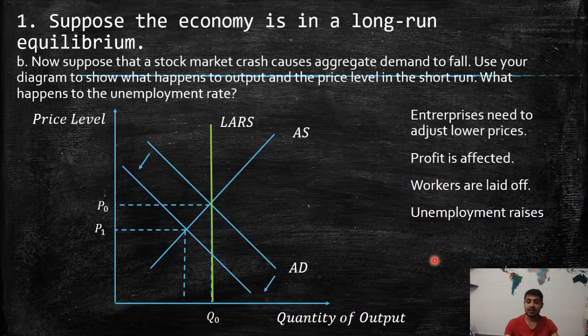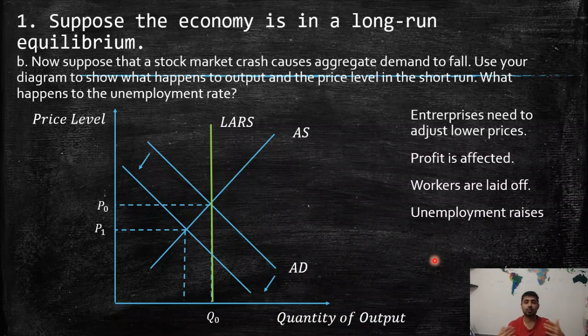So basically, enterprises need to adjust to lower prices, because profit is affected. There is a positive relationship between supply and prices. When prices are higher, producers have more incentives to produce more.